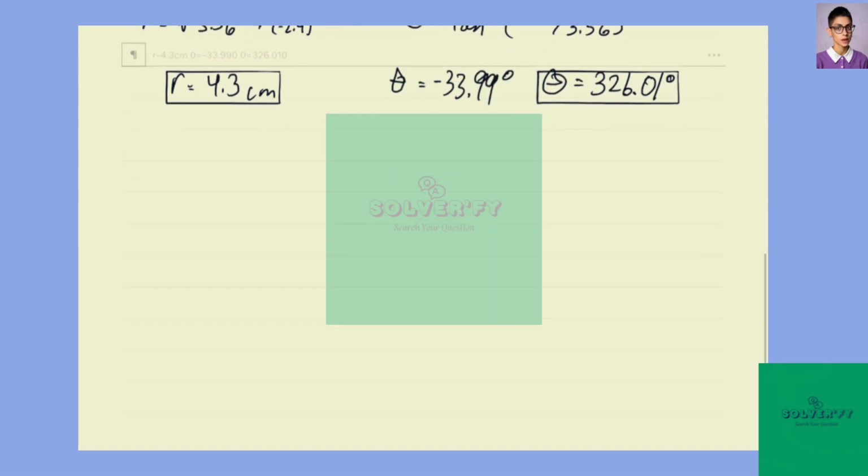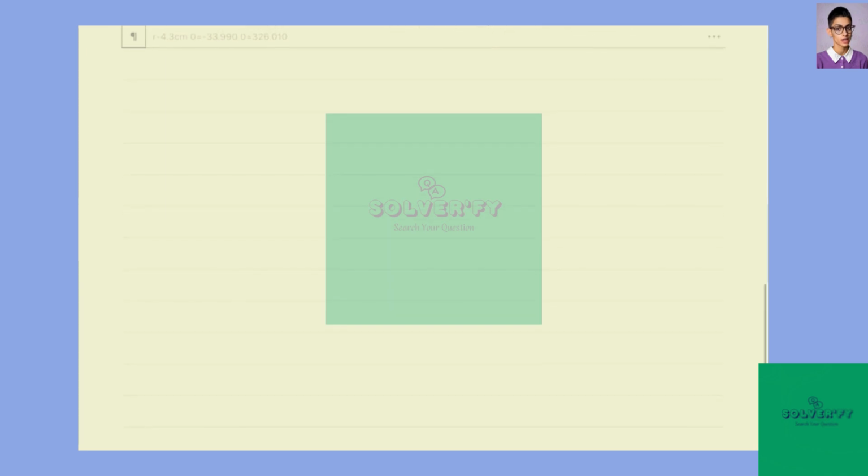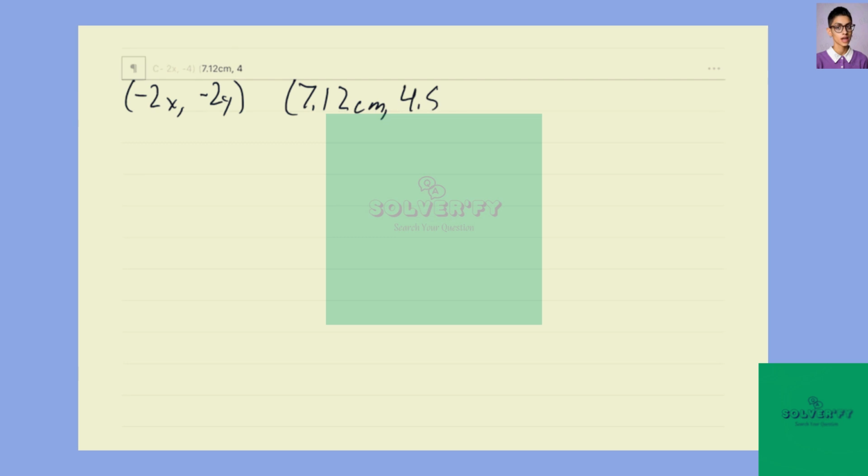Part C is asking for the same thing as Part B, just at the Cartesian coordinates negative 2x, negative 2y. This is at the coordinates 7.12 centimeters and 4.8 centimeters.